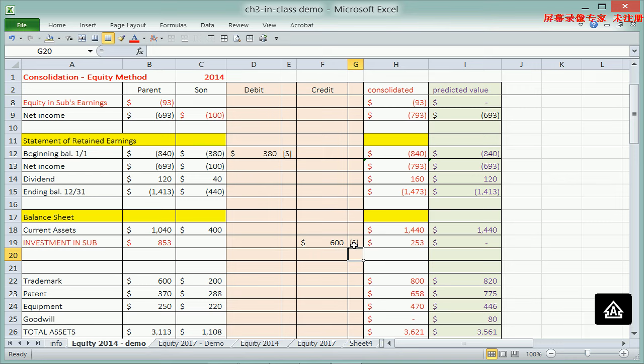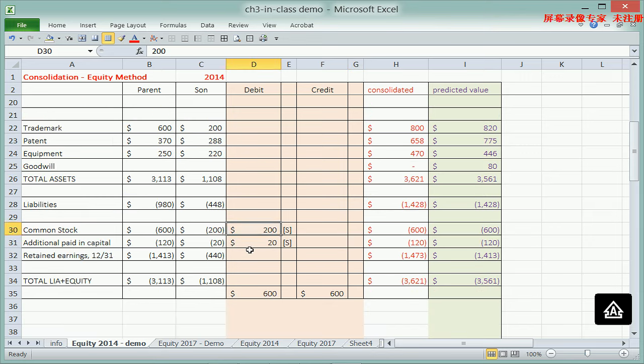So this would be the S entry, eliminating the beginning balance of retained earnings, common stock, and additional paid-in capital of the subsidiary. Now we can see the common stock, for example, P plus S minus the debit, because they are all on the credit side. So it would be the 600,000.